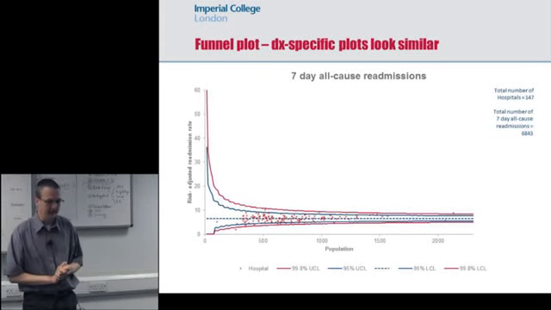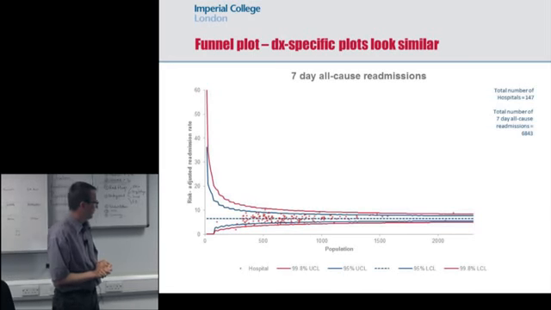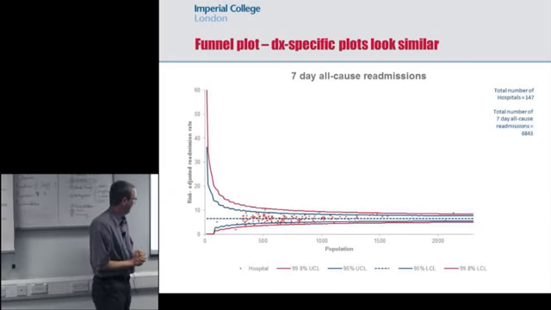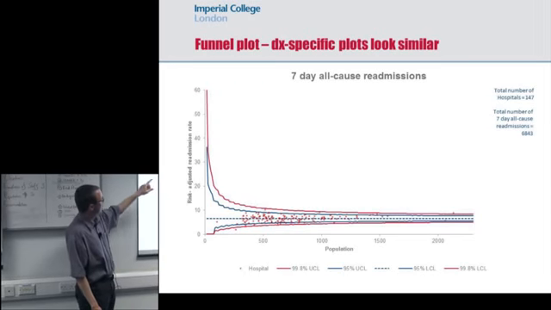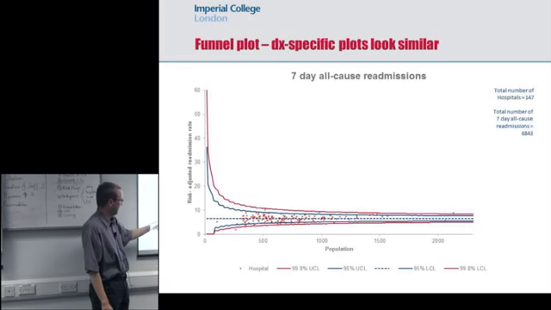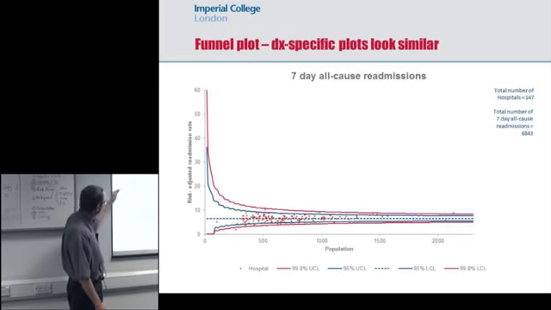And here is the distribution of readmission rates by hospital. Here's a funnel plot. So this is for 7-day all-cause readmissions. The other two, split by diagnosis, look just the same, the same kind of pattern. So you've got number of patients along here, and you've got the risk-adjusted readmission rate up here.